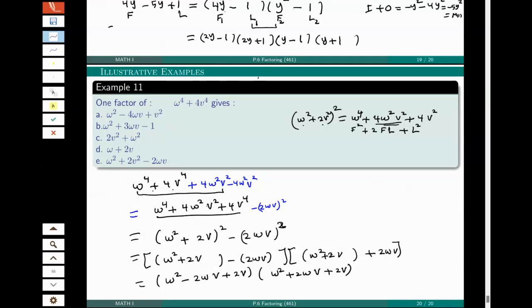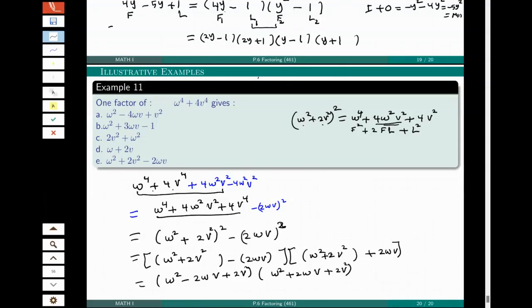So he wants one of the factors, omega squared minus 2 omega v plus 2v squared, and the other is omega squared plus 2 omega v plus 2v squared.